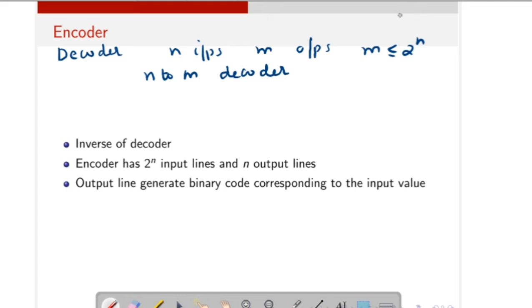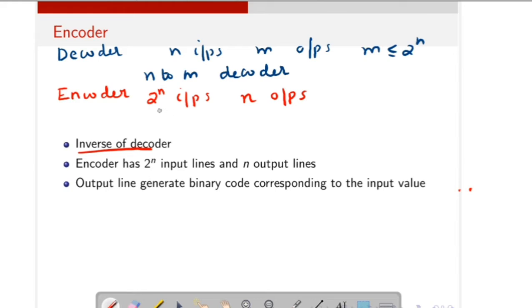So for a particular input combination, this decoder selects any one of the different m outputs. Encoder is actually the inverse of decoder. Inverse of decoder means it has 2 raised to n inputs and n outputs, or fewer than 2 raised to n.